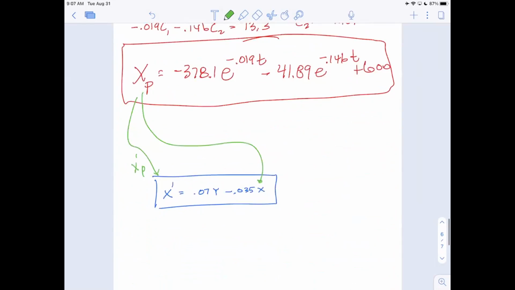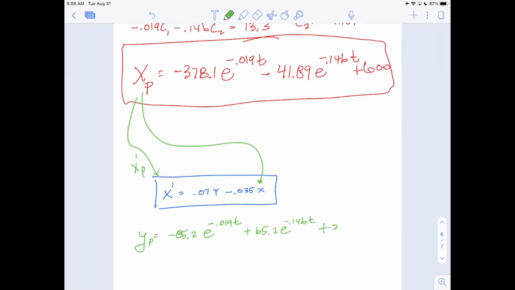But then I could solve for Y. Just for the sake of one final point I want to make, this results in Y particular being about negative 85.2 e to the negative 0.019t. Notice it's the same equation, except it just has different coefficients in front of it, which might bother you.